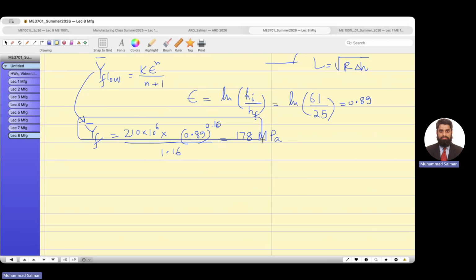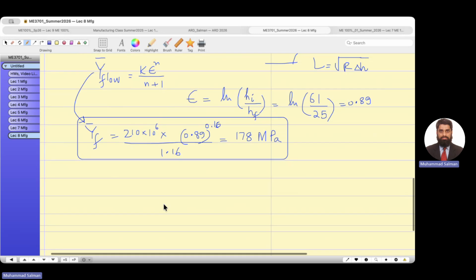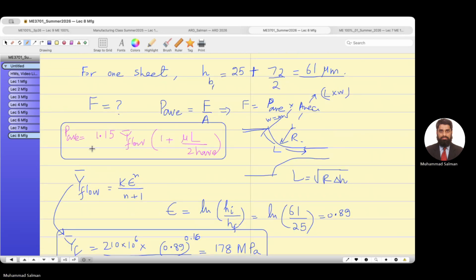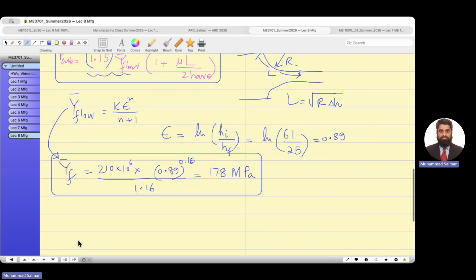So we have found this average flow stress, but since it's a per unit depth, we have to multiply by this factor for the von Mises criteria. It's the same criteria we use for forging analysis. So we have to multiply this by 1.15.